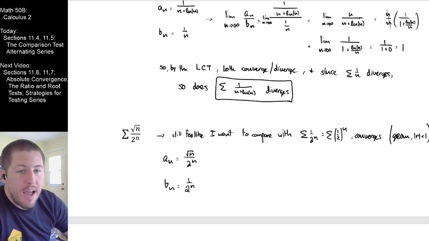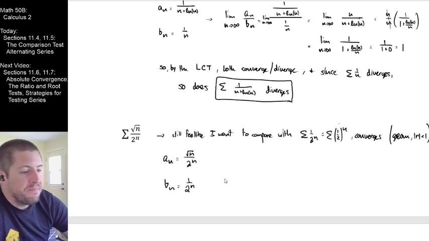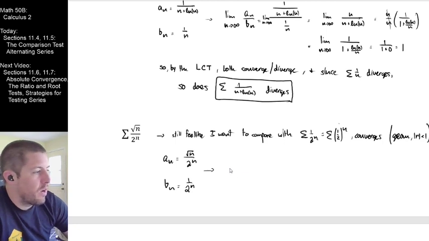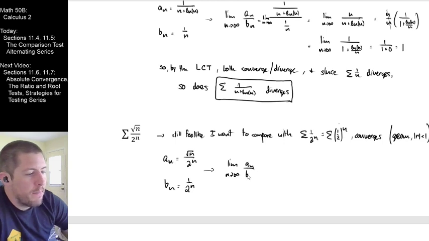Every time I state that something converges or diverges, I say how I know that. Don't just blindly claim anything converges or diverges. So let's put these guys together and do our ratio of the two. I'm going to take my limit as n goes to infinity of a sub n over b sub n, and that is the limit as n goes to infinity of root n over 2 to the n, all divided by 1 over 2 to the n.